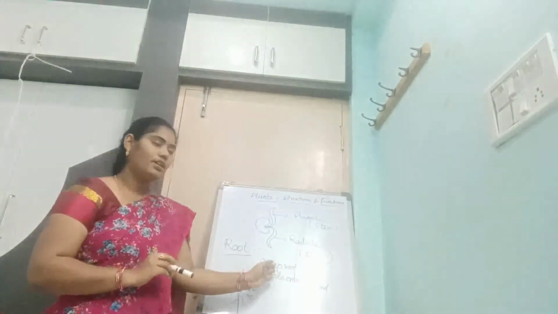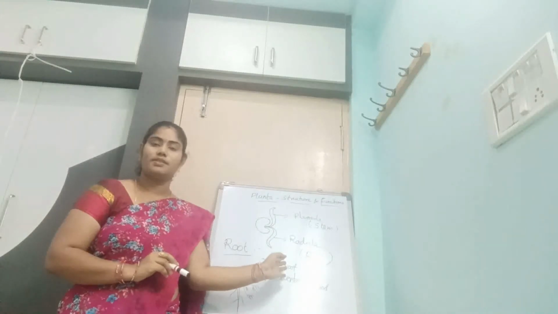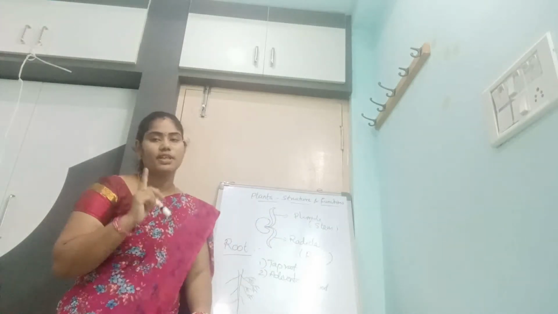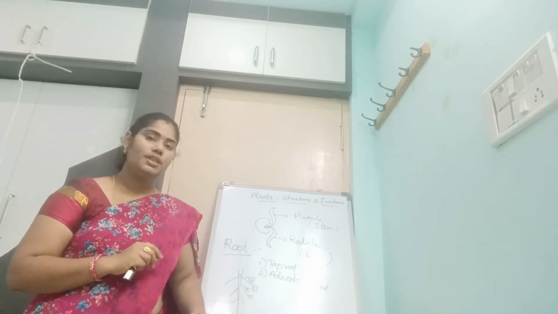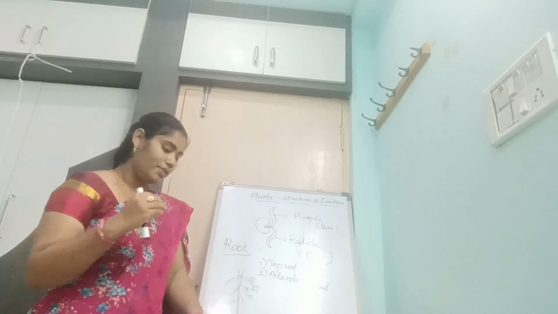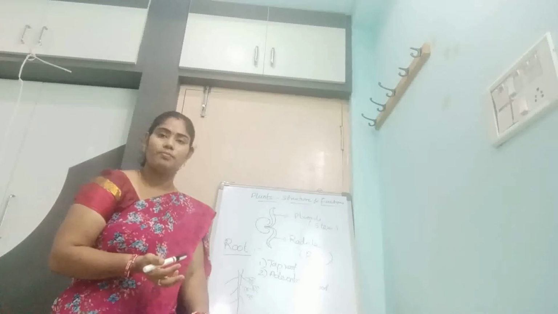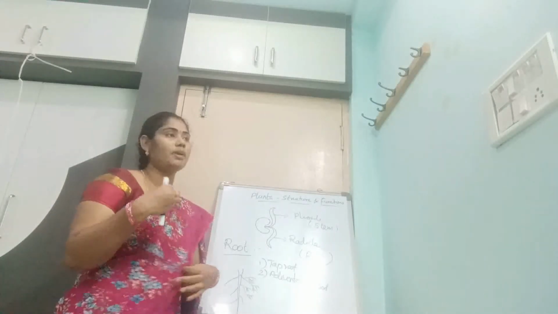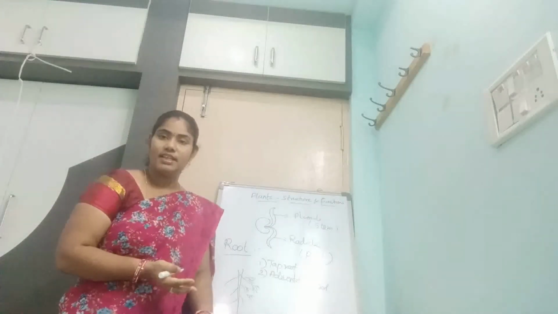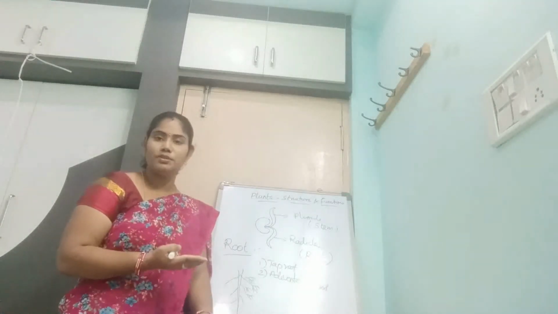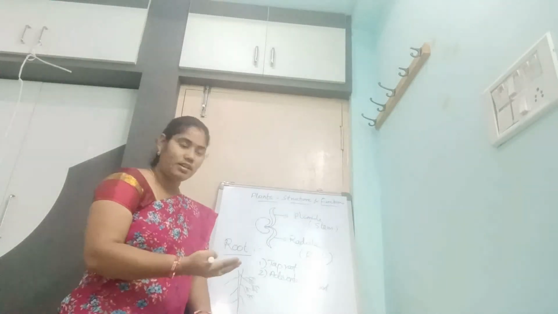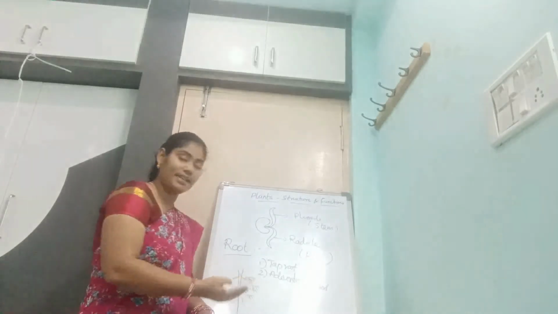Primarily the root is divided into two types. The first one is the taproot system and the second is the adventitious root system. But for some adaptations, because of some specialized situations, the roots are also modified into some more kinds.